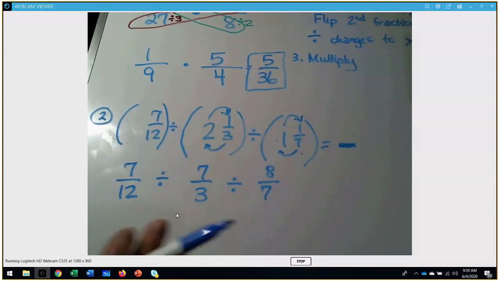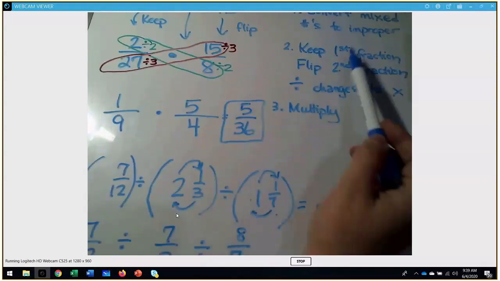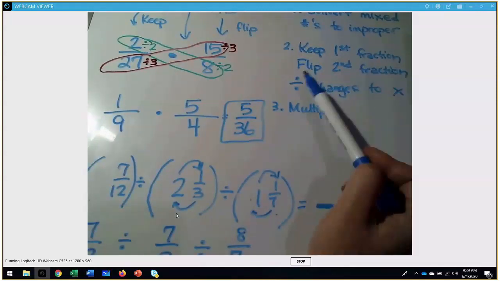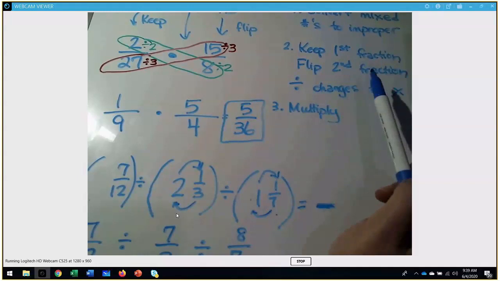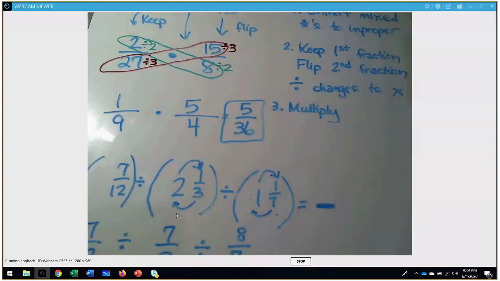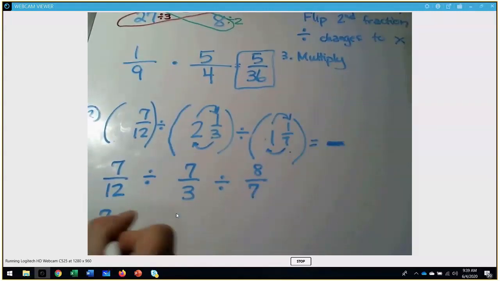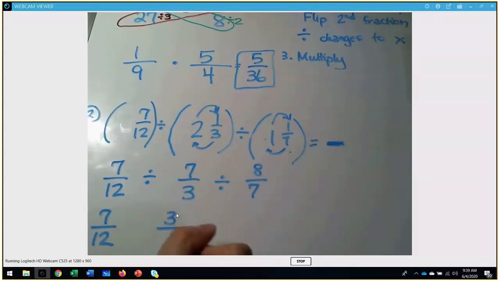Next, I'm going to go to step 2, and I keep the first fraction, flip the second, also anything after that, and all my division will change to multiplication. So let's see what that will look like. 7/12 is going to stay. Keep, flip, flip. 3 over 2.